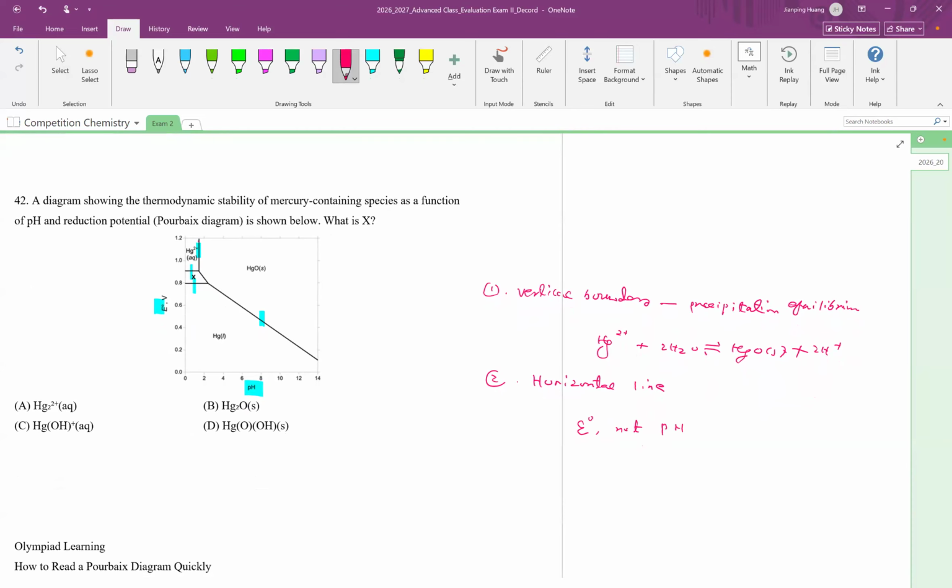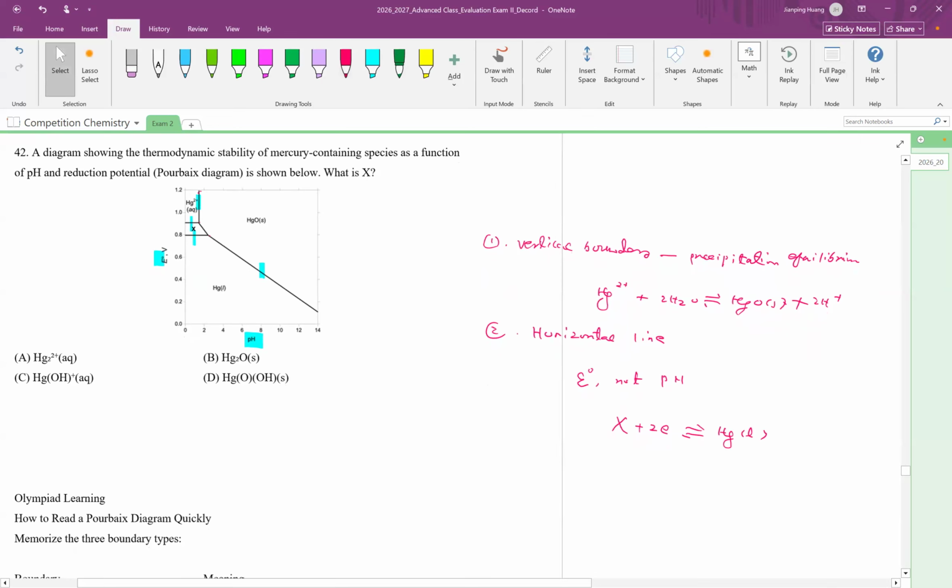So this horizontal line indicates an equilibrium that depends on potential. See, potential here is 1.2, here is 0.8. It does not depend on the pH; at pH 2, no change. Which means the reaction has to be, such as, gaining electrons, mercury. No hydronium, no OH minus involved. No H plus or OH minus included.